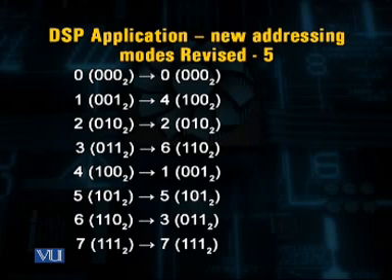Here you can note that we can find the fast Fourier transform by using another simple addressing mode. This simple addressing mode is usually known as the bit reverse addressing mode. The bit reverse addressing mode basically reverses the order of the bits of the address to find the address of the transform.